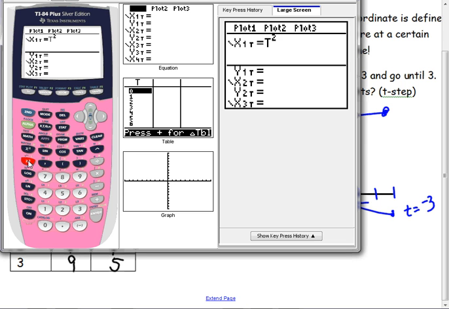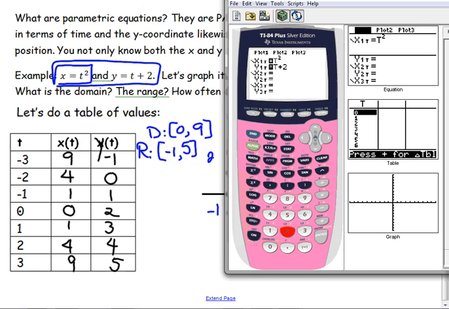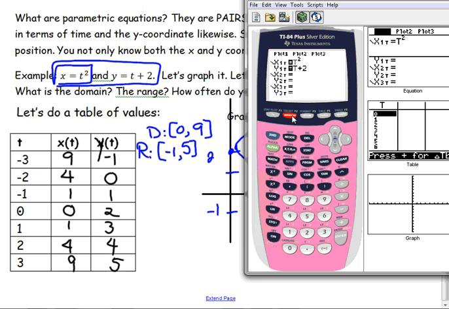And you have to have both x and y. This was t plus 2, right?